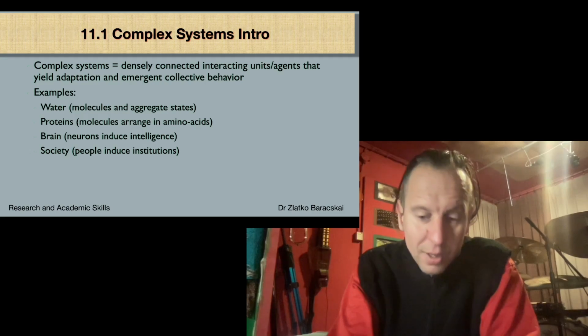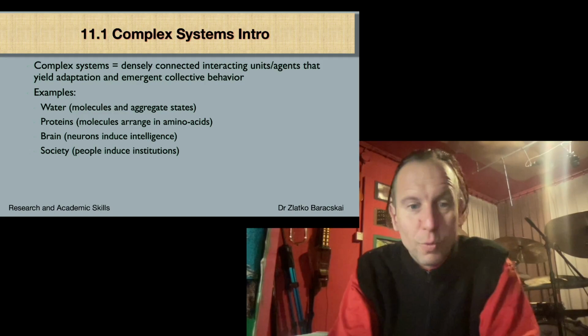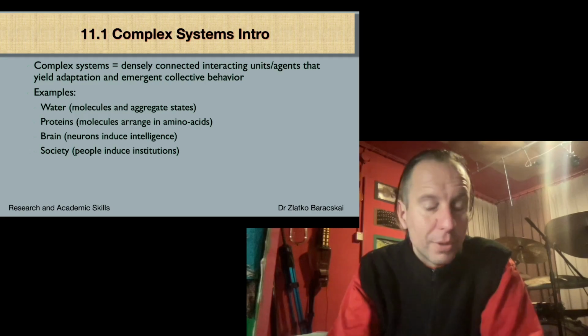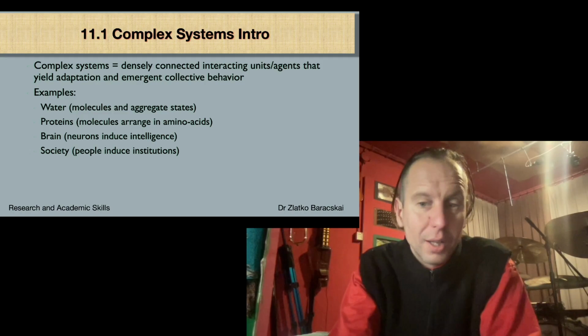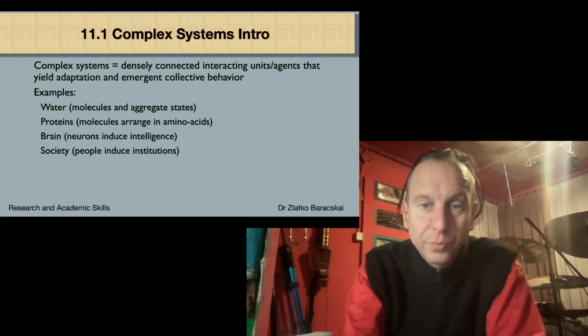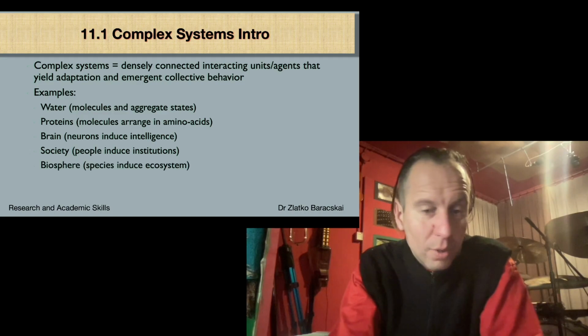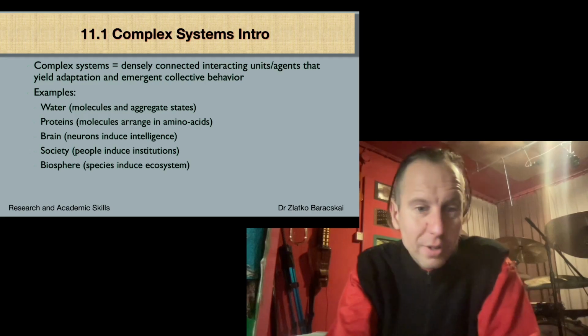Okay, so again, we have smaller elements, we have people, but when they interconnect, we get properties which cannot be explained just by looking at separate people. So again, the reductionist approach fails here as well. And we can go on with the list, evidently, biosphere.